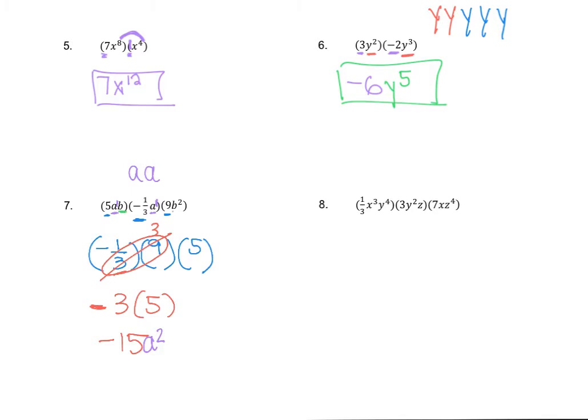I have a B and a B squared. Well, this B has a 1 on it, and this B has a 2 on it. So I have a B, and then I have a B. So really, I have B to the third. So my final answer is negative 15, A squared, B cubed, or B to the third.